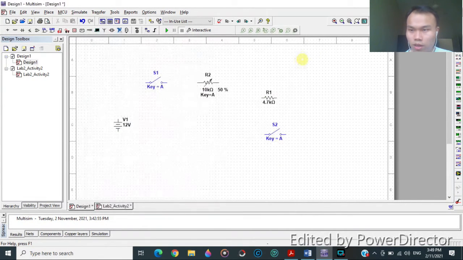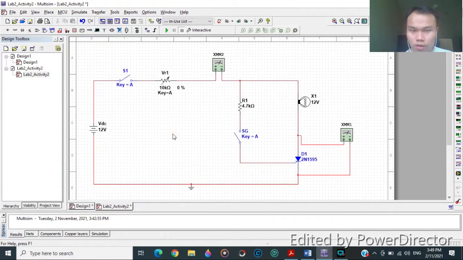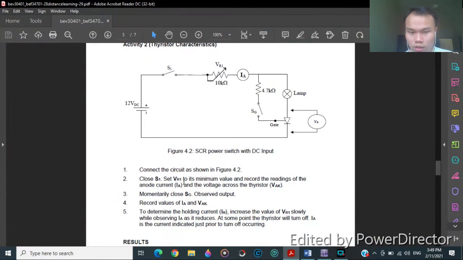Okay, so I'm going to have a multimeter over here, and then over here. Okay, so basically we just connect all the wires, and we're going to have this. I'm going to connect the circuit as in figure 4.2.